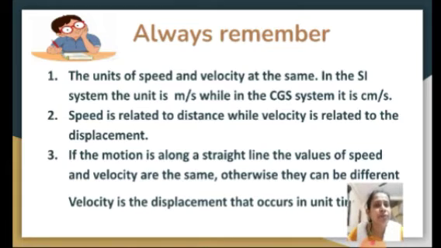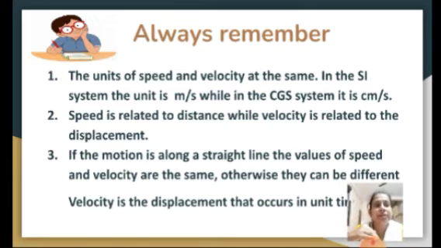Second thing we have learned is speed is related to distance while velocity is related to displacement. Therefore, speed is a scalar quantity, velocity is a vector quantity. Now, if the motion is along a straight line, the values of speed and velocity are the same. If any object is moving along a straight path, here straight path means there is no change in direction.